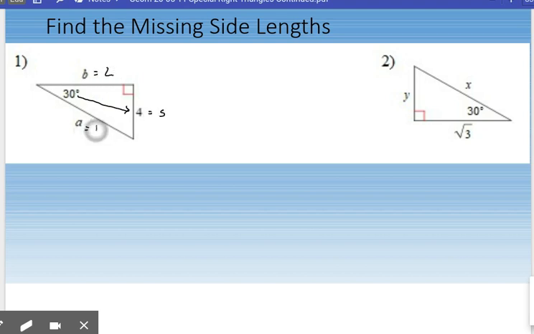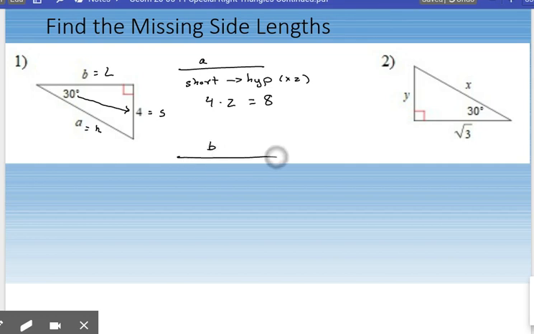This is the hypotenuse. And I have the short leg. So let's get letter A first. We are going short to hypotenuse, so I'm going to multiply by 2. So 4 times 2 is 8. So letter A is 8.